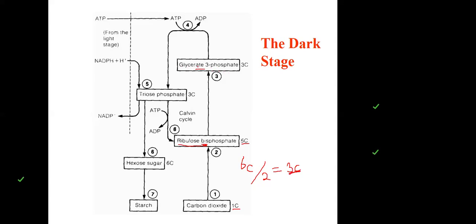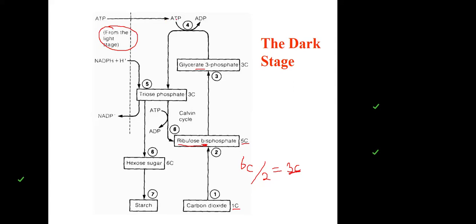Now this glycerate 3-phosphate is going to undergo an interesting reaction. So the glycerate 3-phosphate is going to receive a phosphate group from this ATP. Remember that ATP comes from the light stage, if you can see this here.